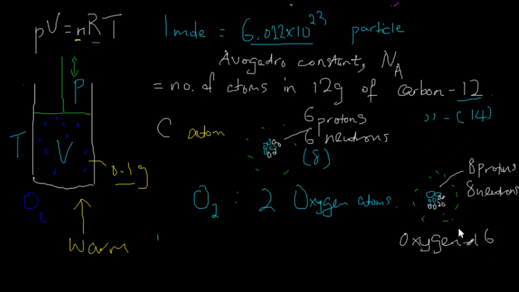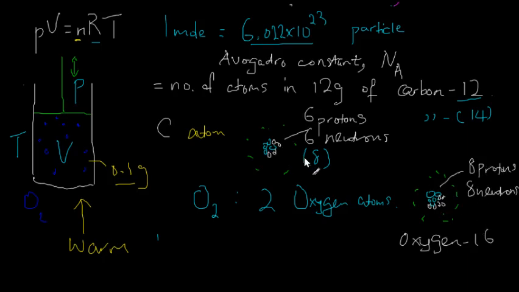So that's an oxygen-16, and there are actually oxygen-18 and other oxygen atoms with slightly different numbers of neutrons, but the proton number must always be the same. For the same element, carbon must always have 6 protons. Oxygen must always have 8 protons, even though the neutrons can be a little bit different. So that's my oxygen atom, and there are actually 8 protons and 8 neutrons.